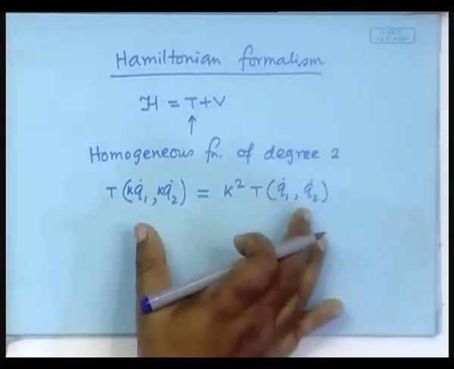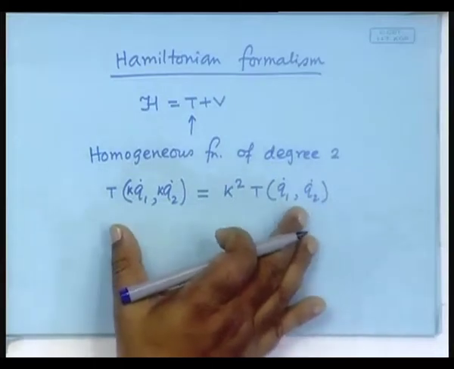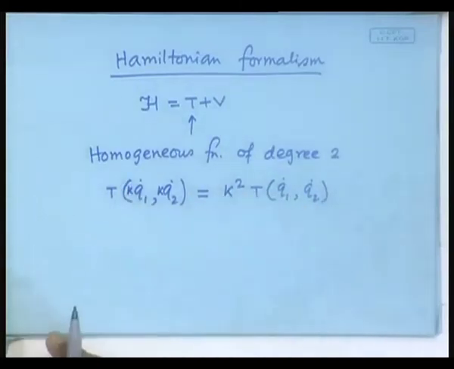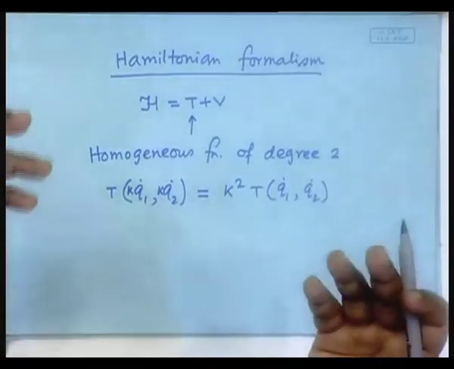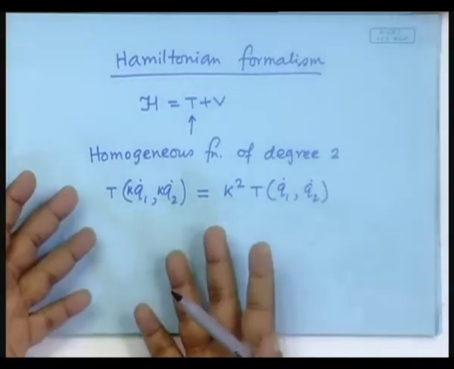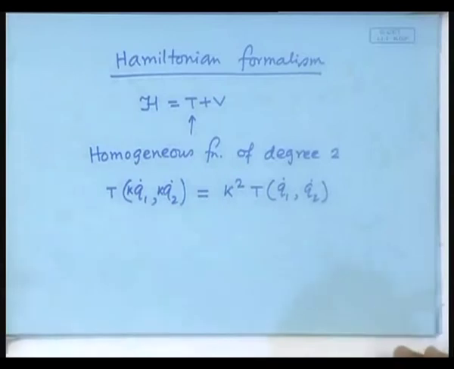So, any function that obeys this property is called a homogeneous function of degree 2. And there are some mathematical rules that these homogeneous functions of degree 2 follow, and we will use that.